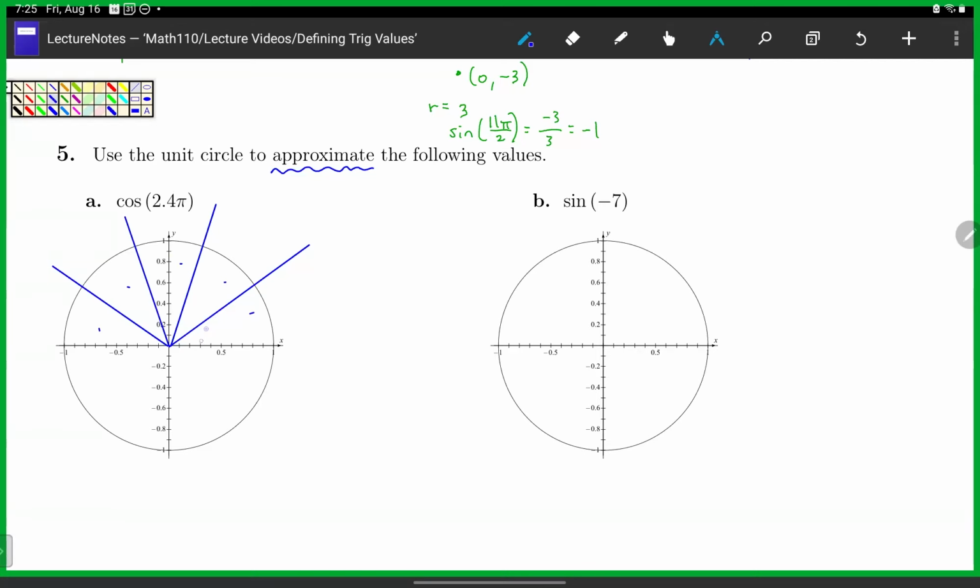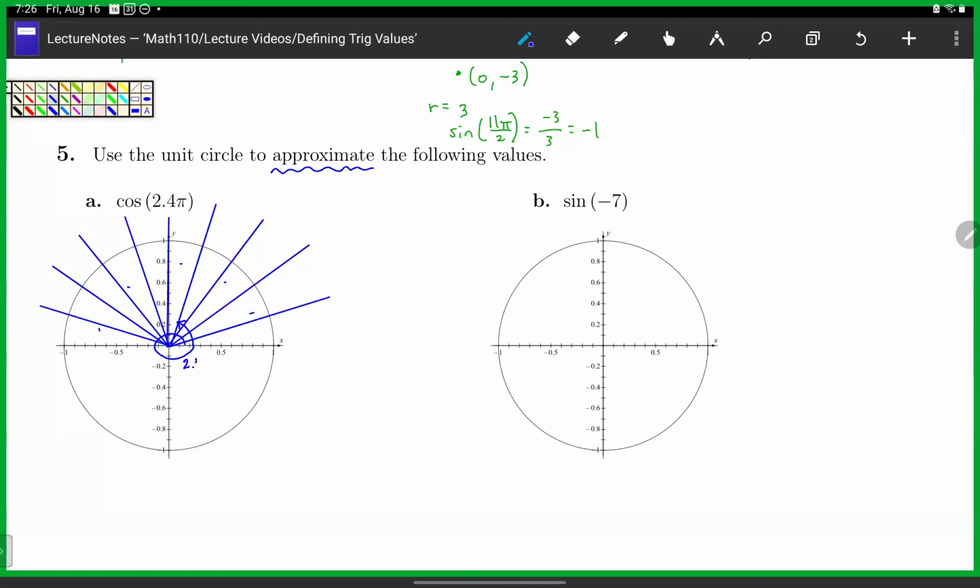And so if I divide each of those pieces in half, then that's basically tenths. Going around, I would go, here's 2 pi, 2.1, 2.2, 2.3, 2.4 pi.